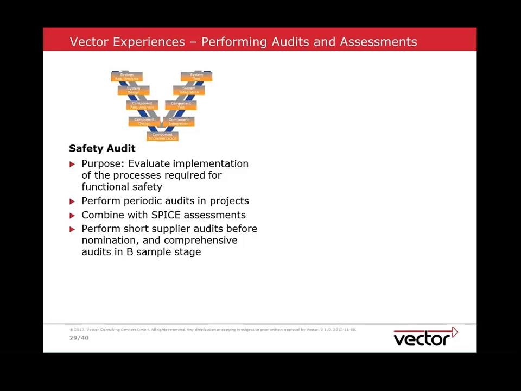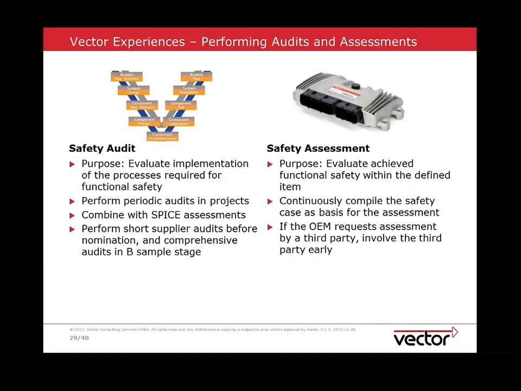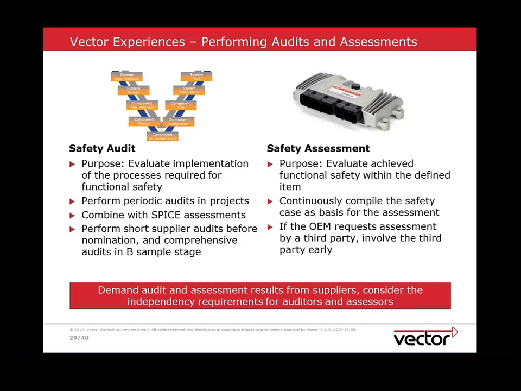We recommend doing that together with other audits, such as by CMI. That can be done in a very lean way, just to make sure that companies actually perform their safety-related requirements.